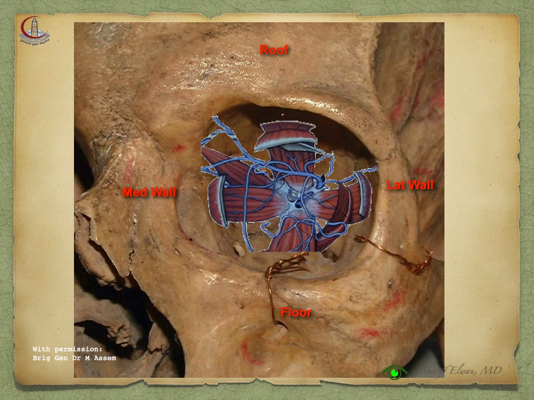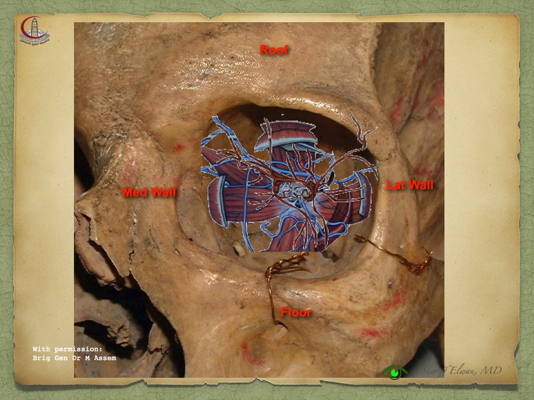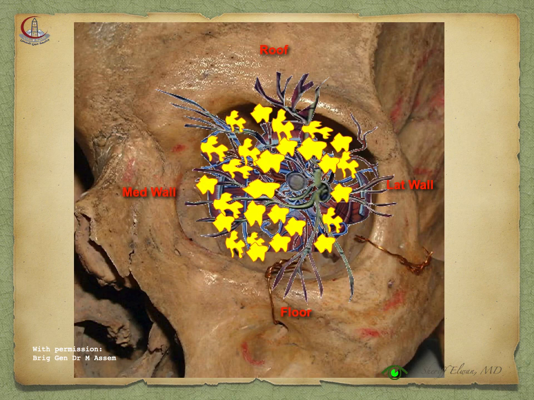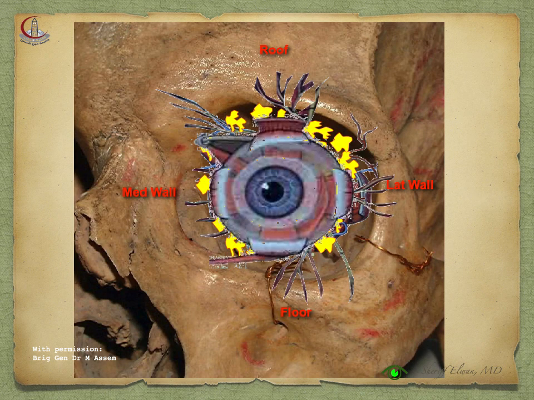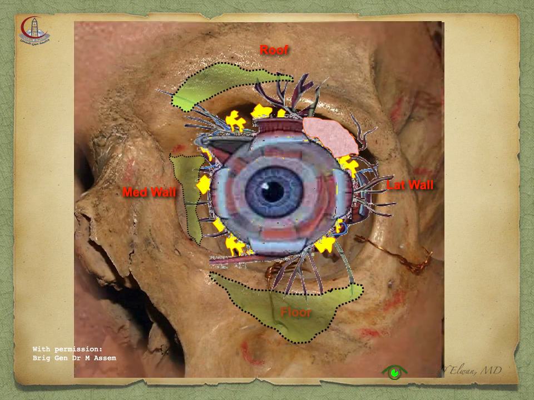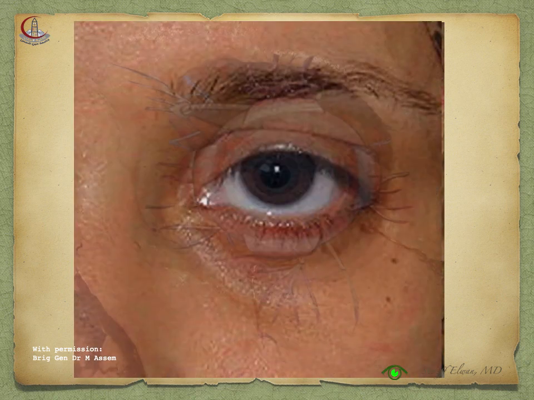Here is the structure of the orbit. The bone is filled with muscles, veins, arteries, nerves, fat lobes, the globe and the extraocular muscles, the lacrimal gland, the ciliary ganglion, the extraconal fat, and finally the skin.